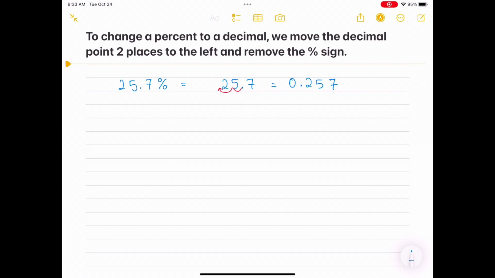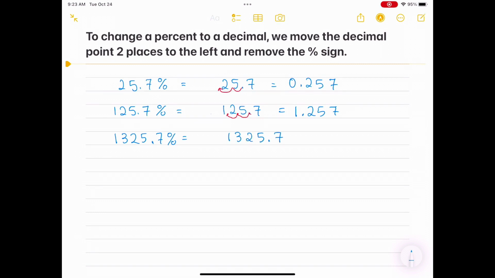125 and 7 tenths percent, or 125.7%, written as a decimal, we start with the number 125.7, move that decimal point 2 places to the left to end with the number 1.257, or 1 and 257 thousandths. 1,325 and 7/10%, or 1,325.7%, written as a decimal.